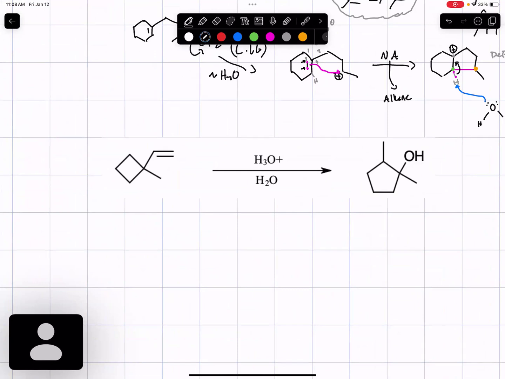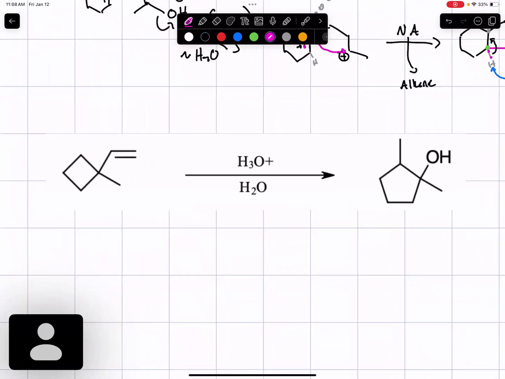Would it be nucleophilic attack? Yes, what are we attacking? So how are we attacking, rather? So if this is hydronium, and I told you hydronium is a source of protons. This is hydronium. What am I nucleophilic attacking?